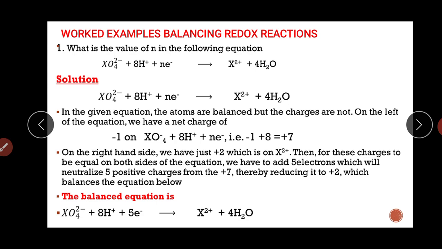So if you look at this equation, look at the left, the net charge we have at the left is -1. Let's look at it together. Sorry, it's plus 7. The net charge is plus 7 because we have -1 on XO4 and plus 8 on hydrogen. And let's look at this. We have -1.